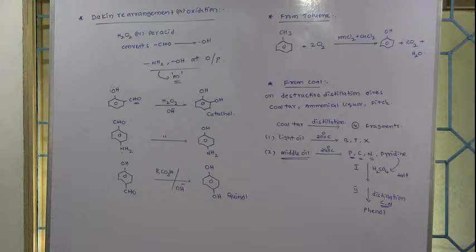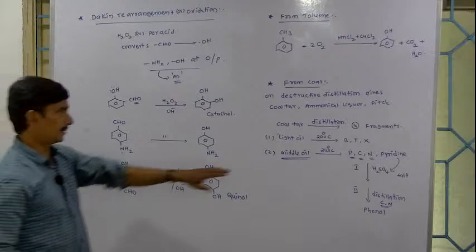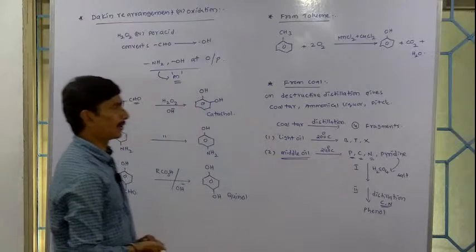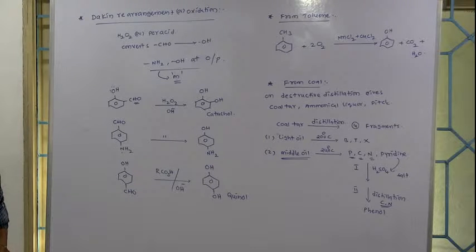So this is the extraction of phenol from the coal tar. The coal tar middle oil fragment will contain the phenol, which is obtained at 240 degrees centigrade. Okay, so these all are the preparation methods of phenol.